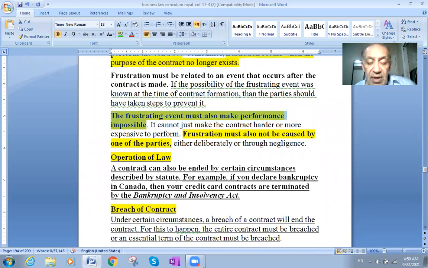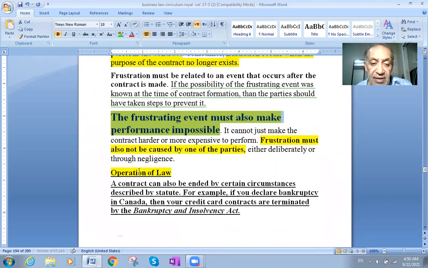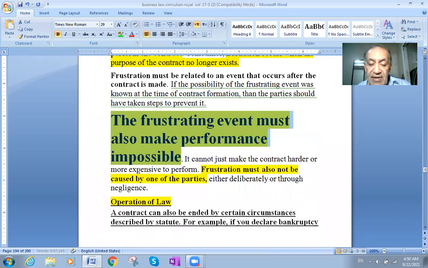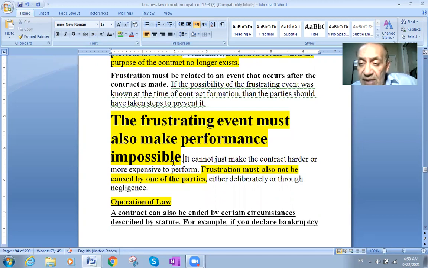Also, as you see here, the frustrating event must make the performance impossible. So this is frustration, that you cannot do it anymore. Like, you are a developer building a hospital.